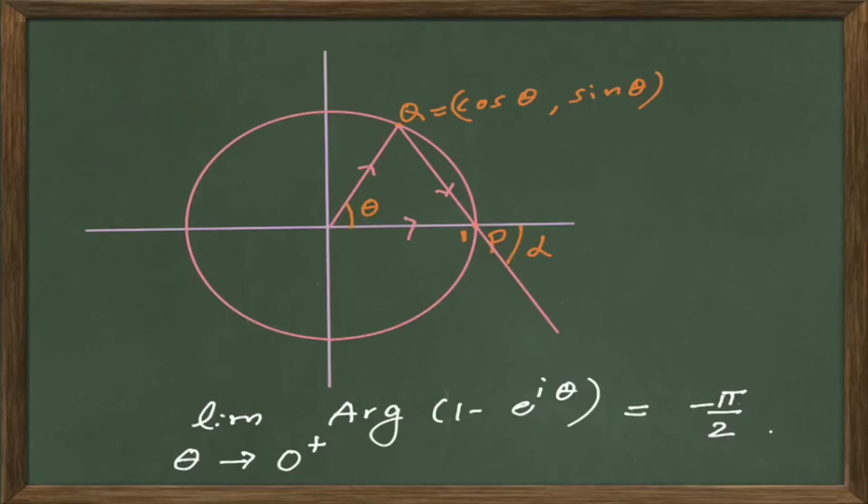Let us also see how to solve this problem analytically. In the question, we are interested in finding the limit of the principal argument of 1 minus e to the i theta.